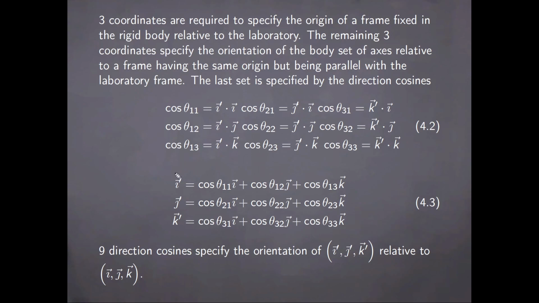And for them, we can of course express the primed axes in terms of the laboratory ones through linear combinations involving the direction cosines defined above. So the 9 direction cosines specify the orientation of the primed set of axes relative to the unprimed or laboratory frame.